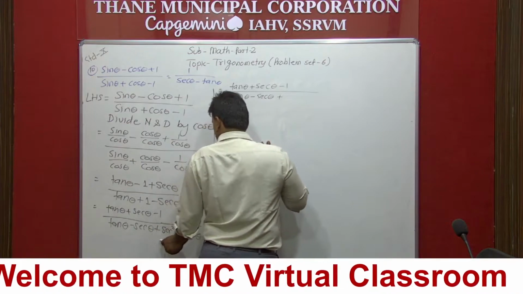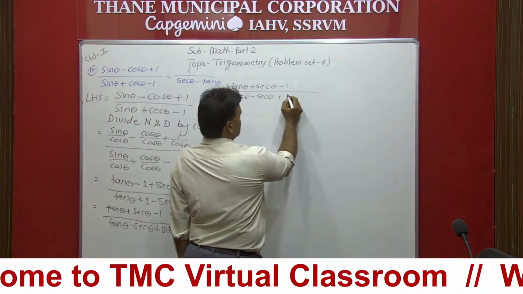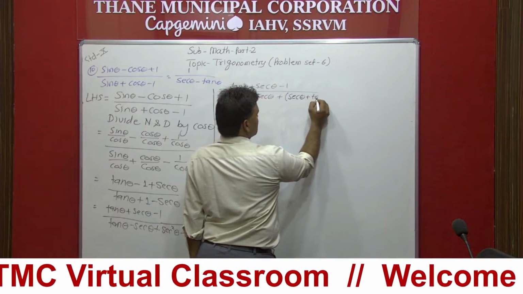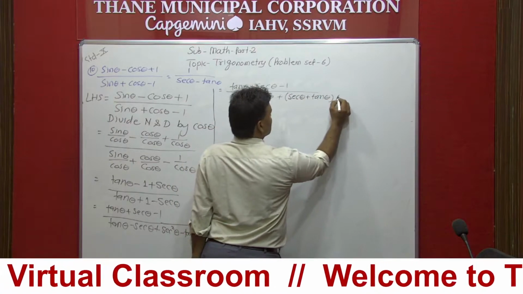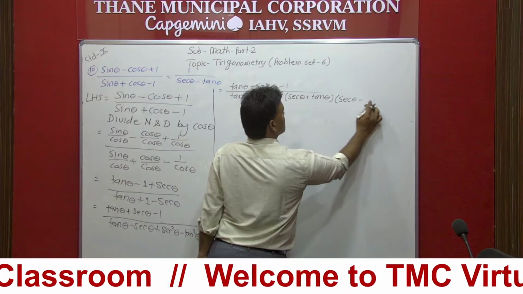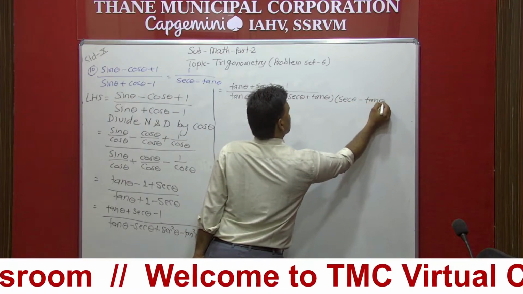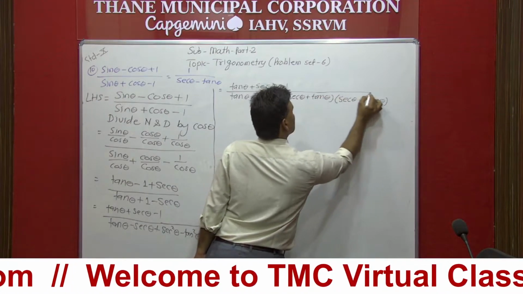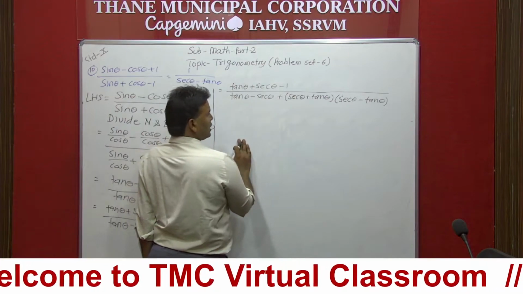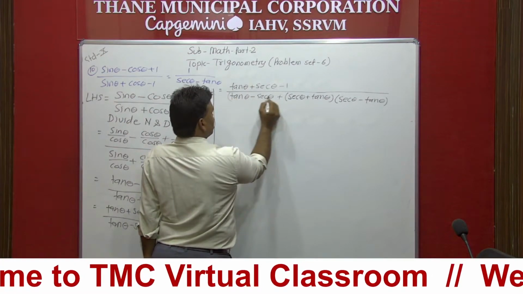After this, we are going to write the formula for this. This is going to be sec theta plus tan theta, and here sec theta minus tan theta. Okay, after the completion of this, now see, here let me write down this one in the bracket.